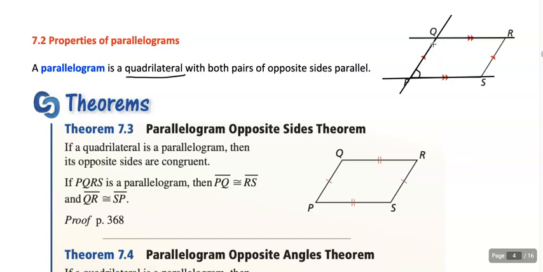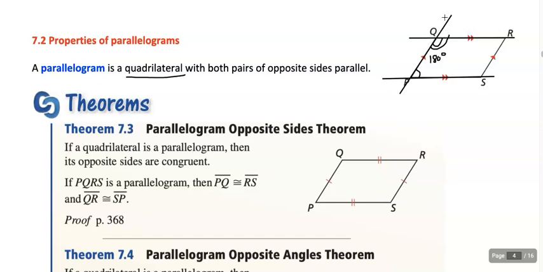Since these are parallel, QP is the transversal of RS, QR, and PS. And if this is the transversal, then angles P and Q are same side interior angles, which means that they are supplementary, 180 degrees. Another one that's going to come up very soon.